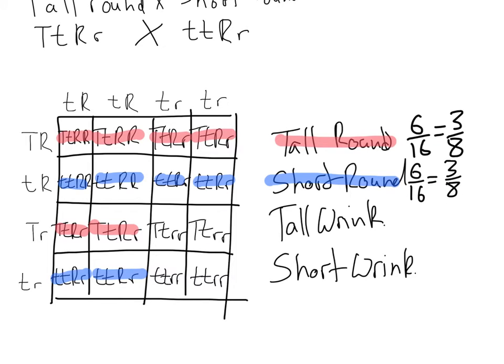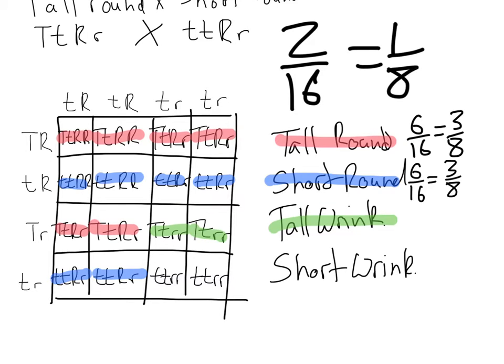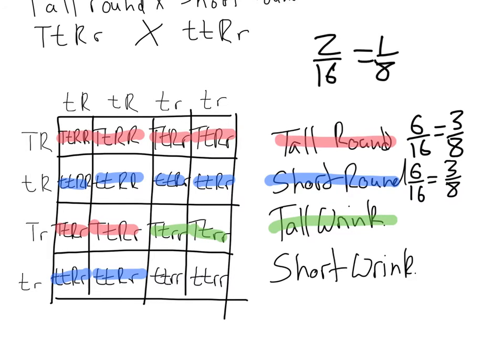Now we're going to see what proportion are going to be tall and wrinkled. We'll highlight those in green. So tall wrinkled, tall wrinkled. So if we look, that is 2 out of 16 or 1/8.